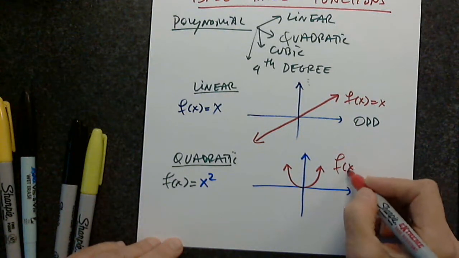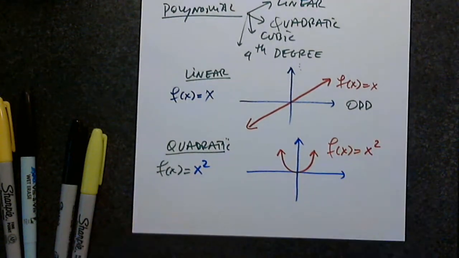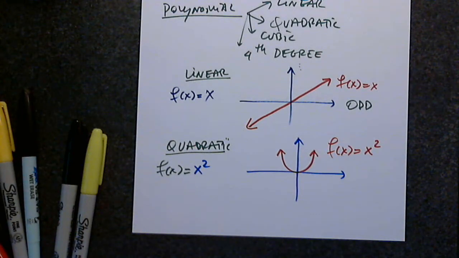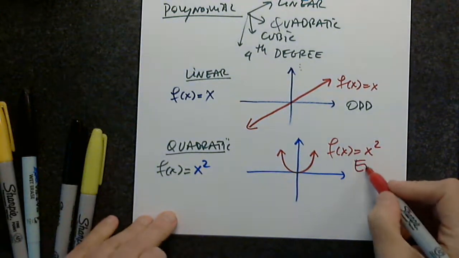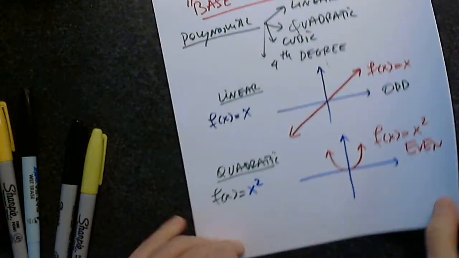So this is f of x equals x squared. We know this, we've seen it before, it's not new, but we will review it. Can anyone tell us if this is odd, even, or none of the above? Perfect. It is an even function because the graph is symmetric with respect to the y-axis.